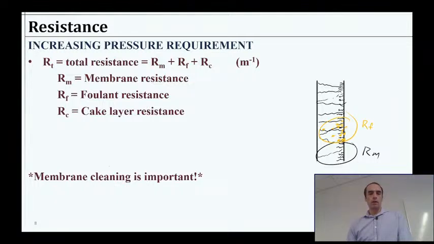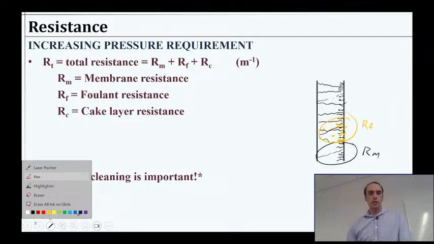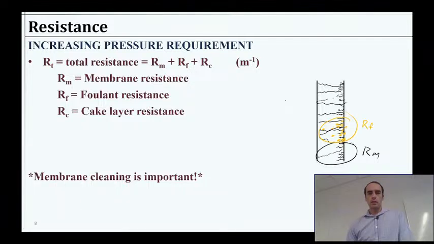Then if we let it go too long, we'll eventually get to the cake layer formation. And this is when we probably also have the fouling below, but now we also have kind of that cake layer that we talked about. We'll say that's RC.